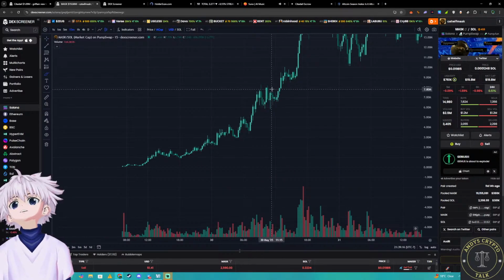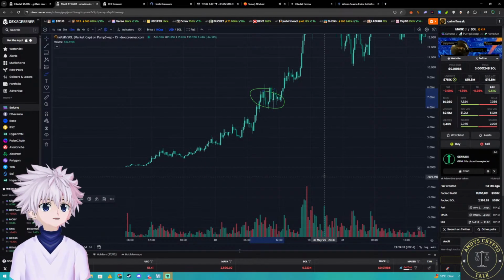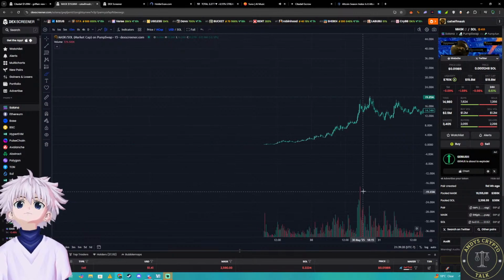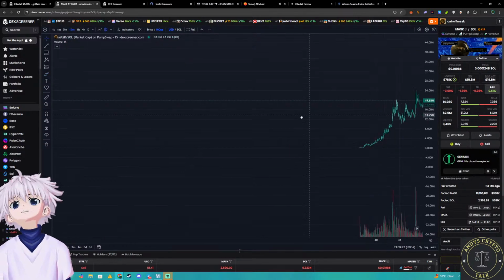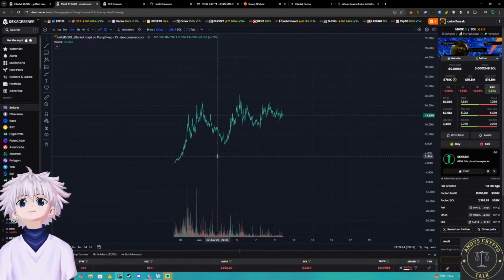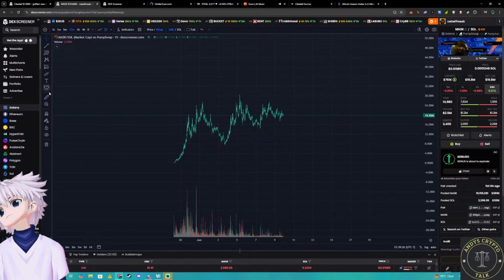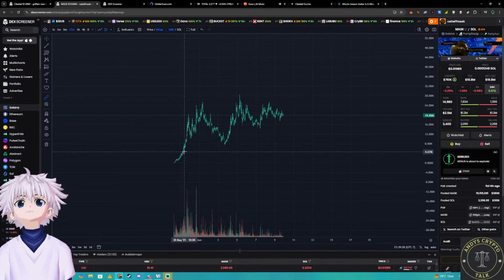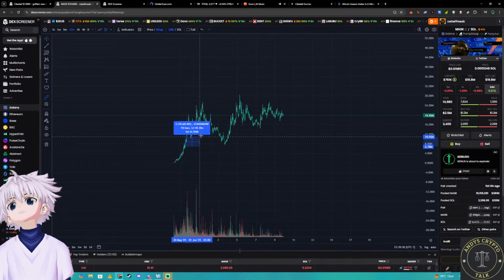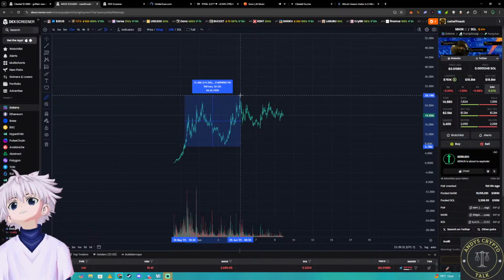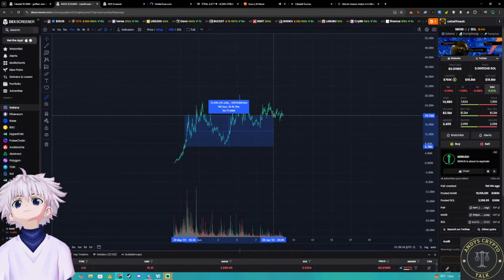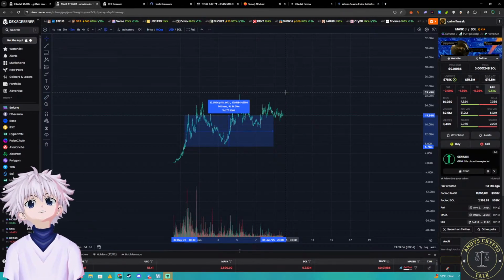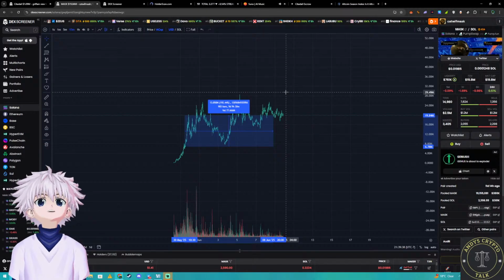Yep, so this area here is where I called it in TG, and we're up on that pretty significantly, right? From this zone to peak 300%, to where we're at now, basically like a 3x, 4x max.